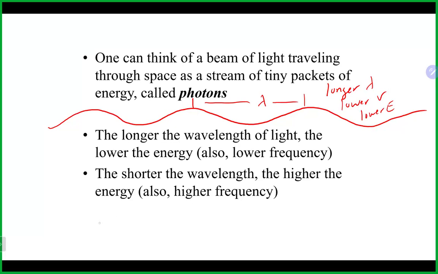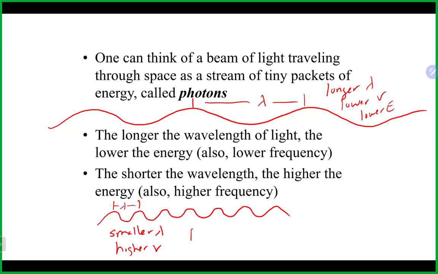And that's different than if we have a wave that is a much smaller wavelength, like so. With a smaller wavelength, it has a higher frequency and usually results in higher energy.